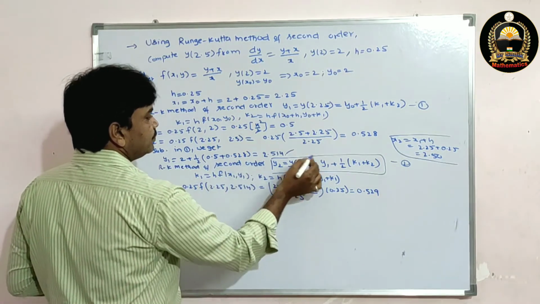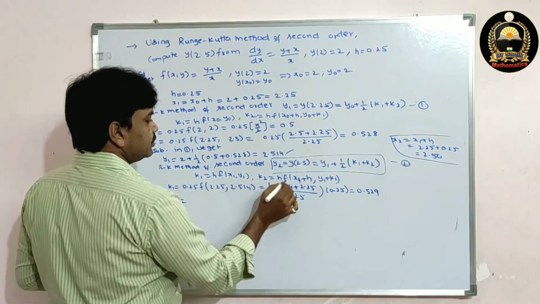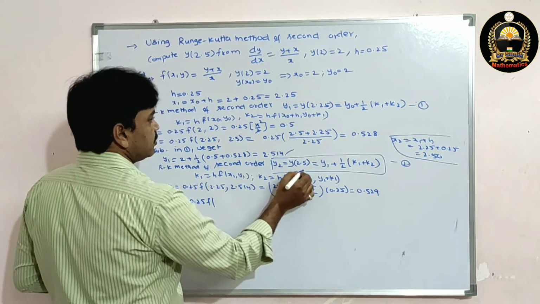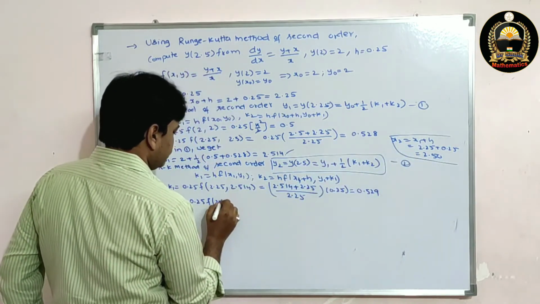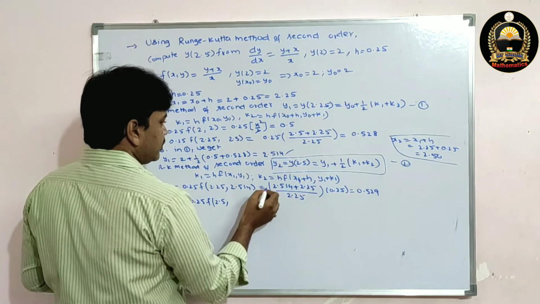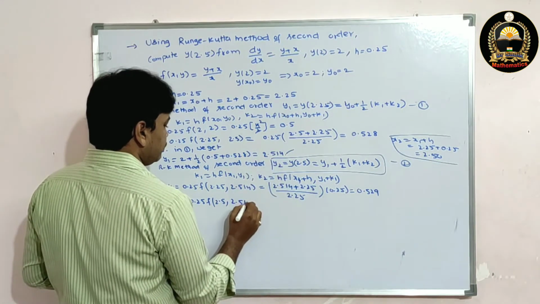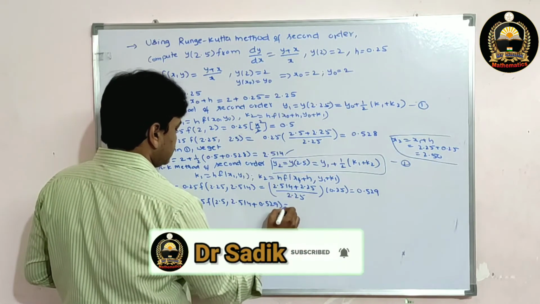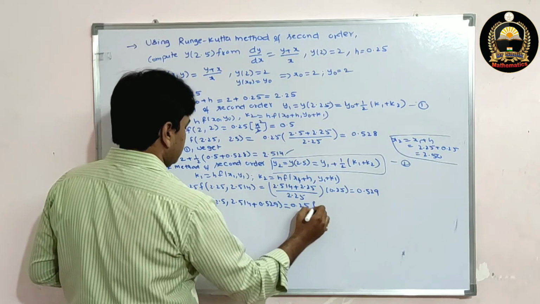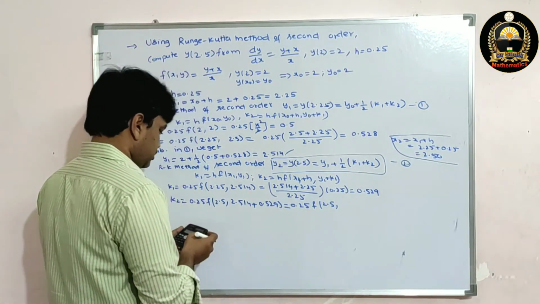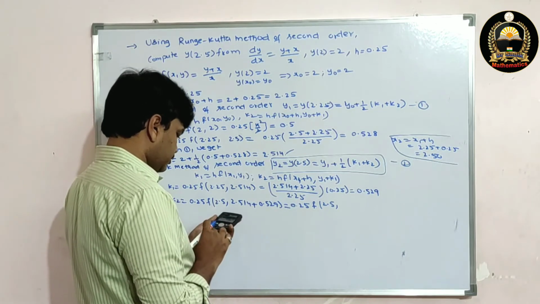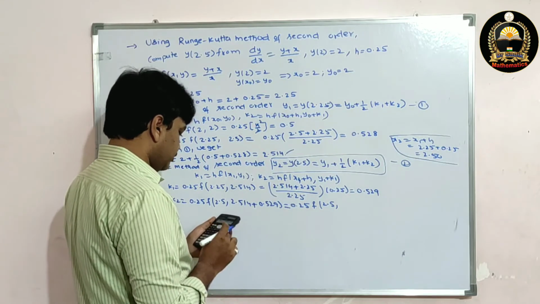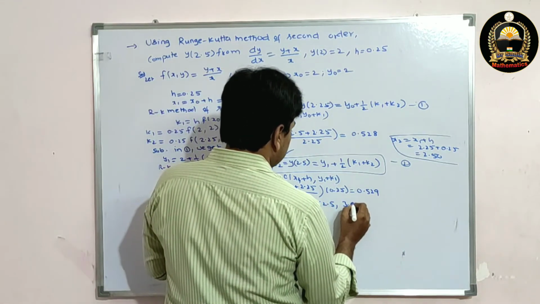So k2 value, students. What is k2? Here, students, k2 is 0.25 f(x1 plus h, y1 plus k1). What is x1 plus h, students? 2.5, comma y1. What is y1? 2.514 plus k1, k1 value is 0.529. That is equal to 0.25 f(2.5, 2.514 plus 0.529), which gives 3.043.